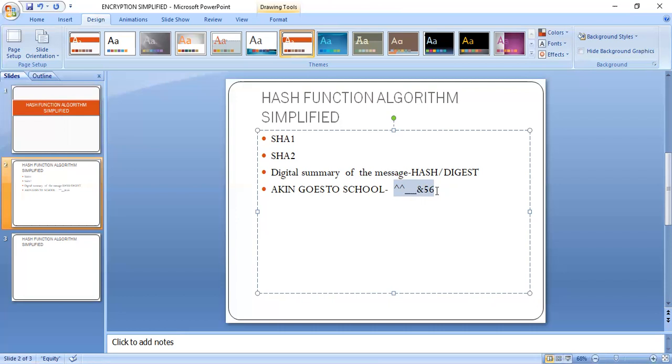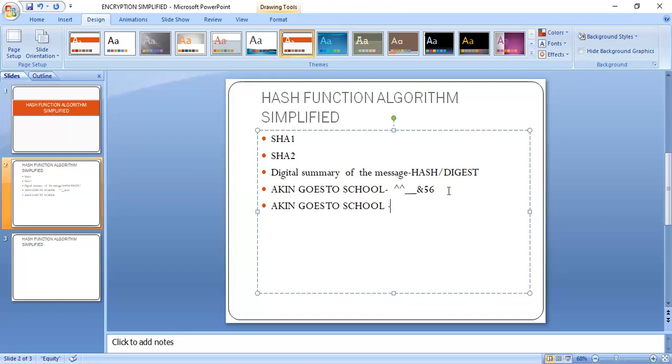So when you get my message at the other side, you get Akin goes to school also. Then you, as a receiver, are getting the message, and you have the hash also. So you too are going to recompute the hash.